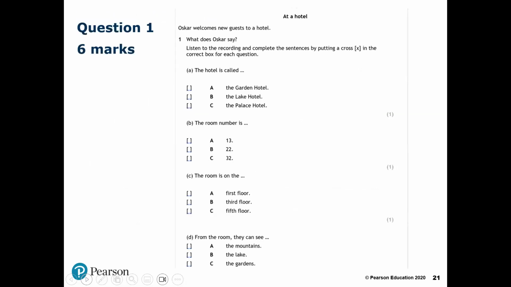So here we see the question types for question 1. There are 6 marks for this. Now, we mentioned, didn't we, this idea of elements of distraction. So the hotel is called the Garden Hotel, the Lake Hotel, and the Palace Hotel. Well, actually, we saw those things mentioned.